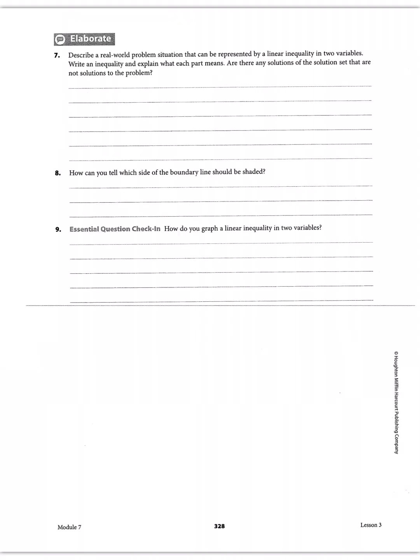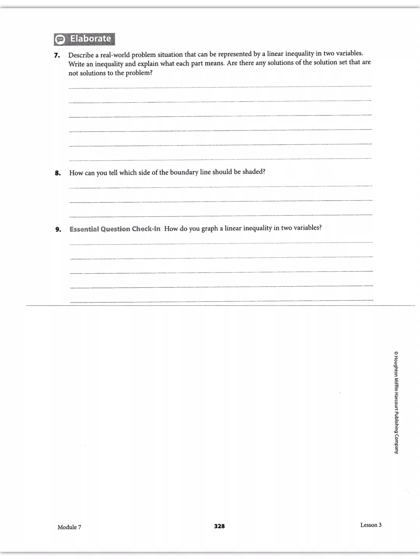7. Describe a real-world problem situation that can be represented by a linear inequality in two variables. Then write an inequality and explain what each part means. Are there any solutions of the solution set that are not solutions to the problem? Let's say you went to the store and you were buying packs of pencils.